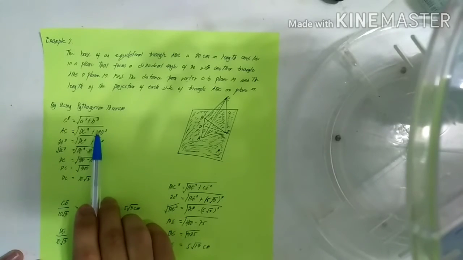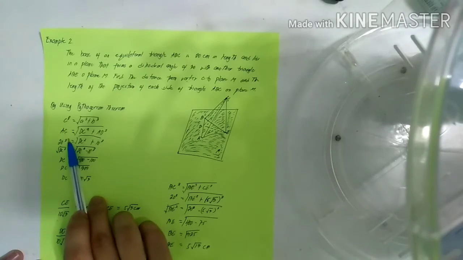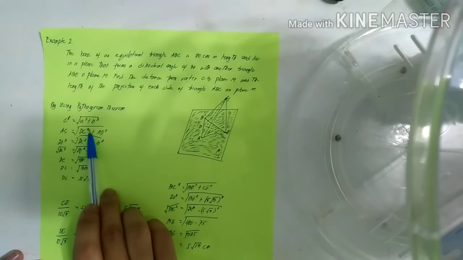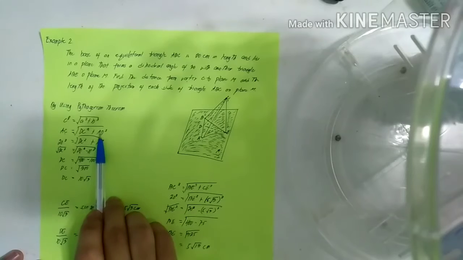So our AC is 20 squared. Nasa given problem din yan. Then our DC squared, and also our AD squared is 10 squared.